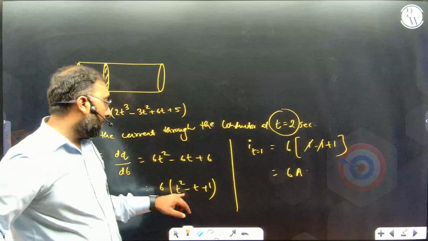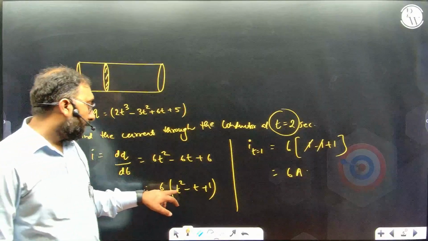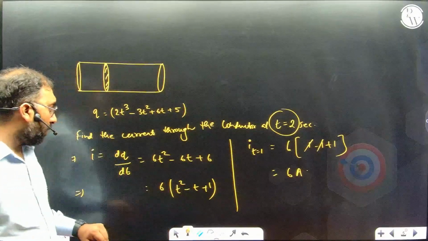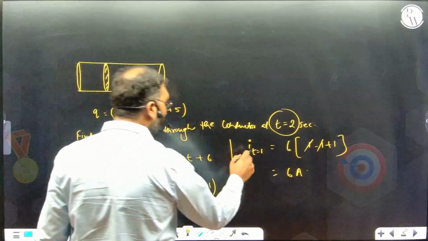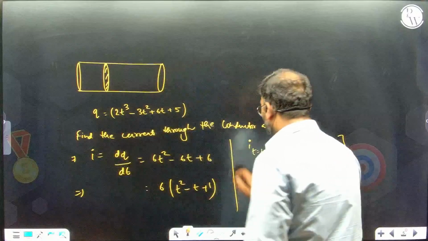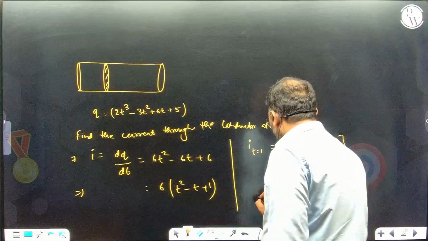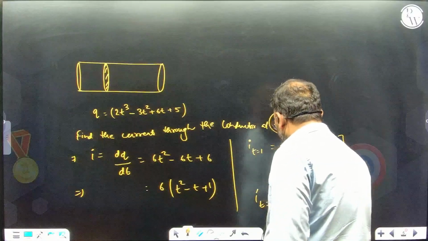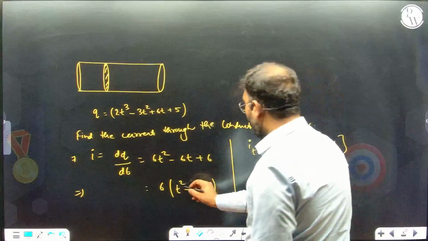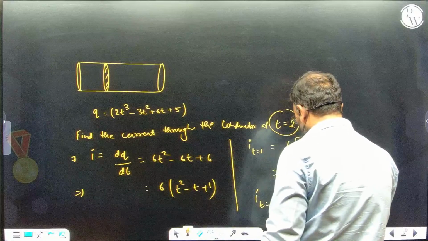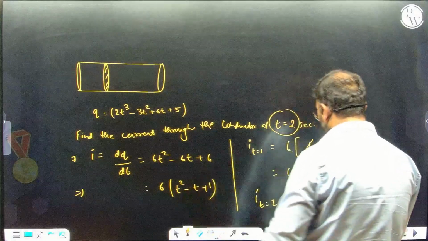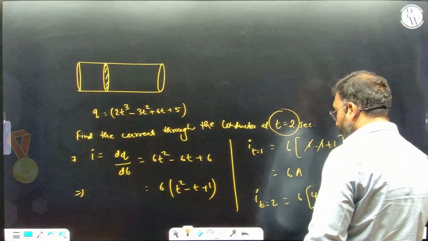Sorry, I have calculated at t equals 1. I have to calculate at t equals 2. So in this equation I will be putting t equals 2. So 2 square is 4 minus 2 plus 1.